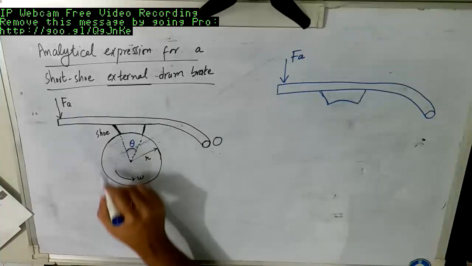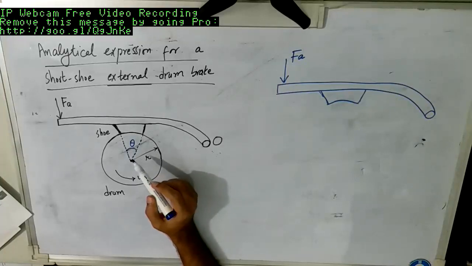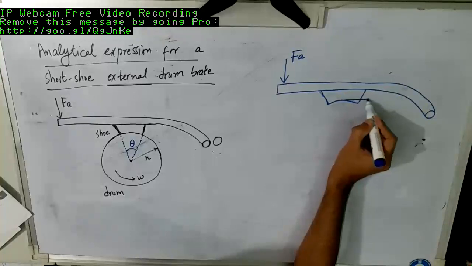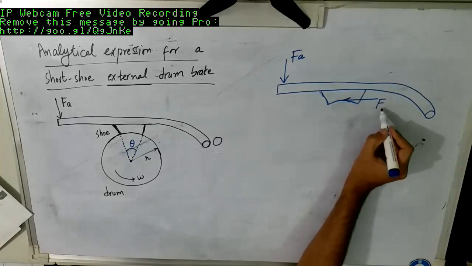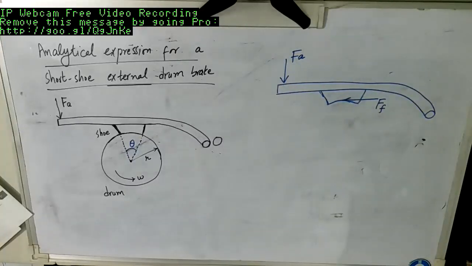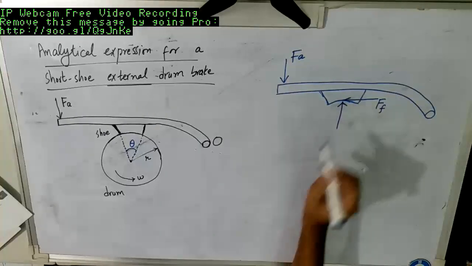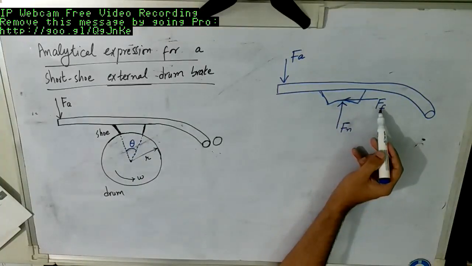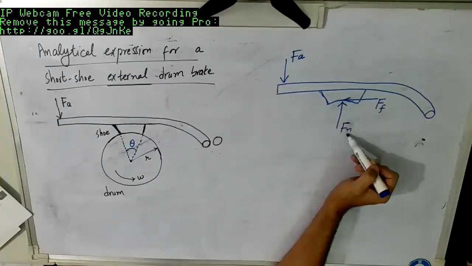Now when the drum rotates in the direction shown, we also have a frictional force acting at this surface. So this frictional force I'm going to show like this, and this will be Ff. Small f is for friction, and at the same point we will also have a normal force. So the contact force has two components, one the tangential component Ff and one the normal component Fn.